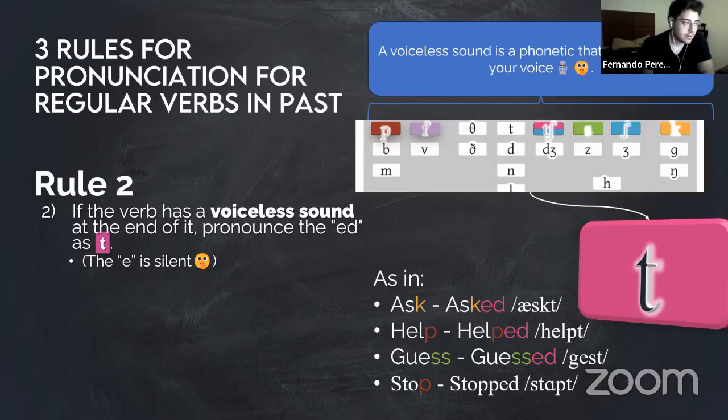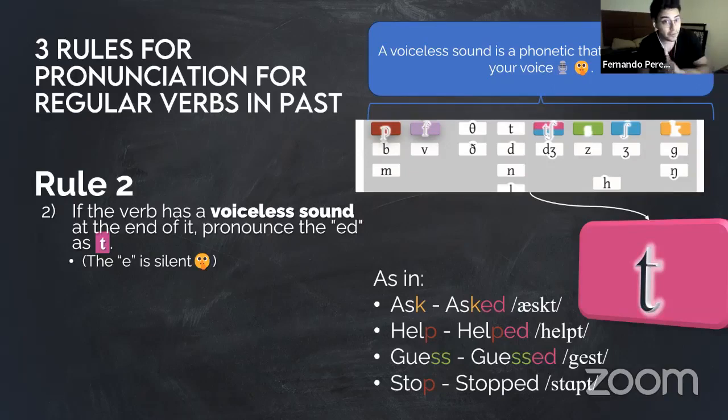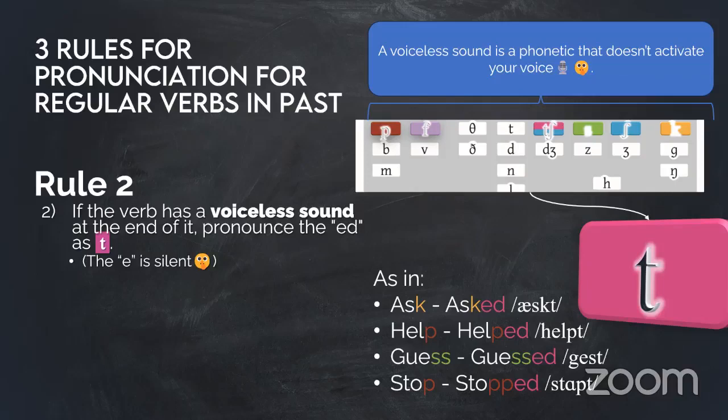Similarly, stop ends in a P, which is voiceless. Therefore, the past sounds like a T. Stopped. Everybody pronunciation. Stopped. Stopped. That's correct.